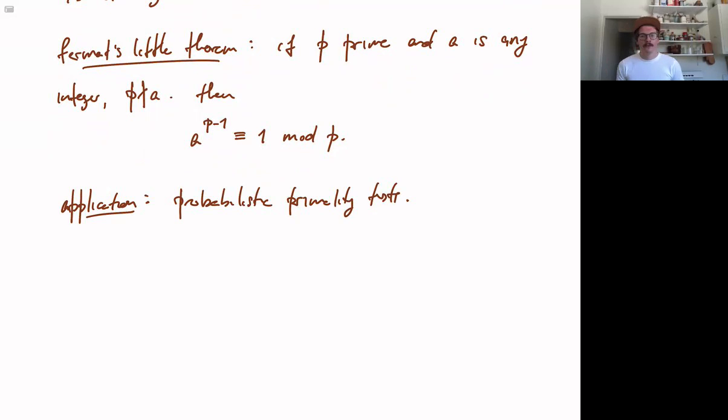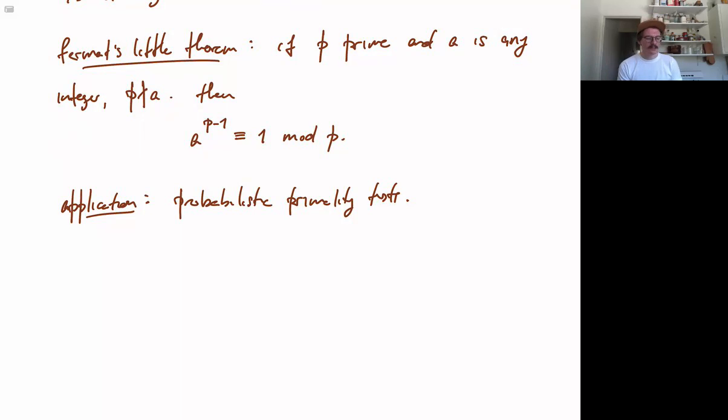So what is a probabilistic primality test? Remember that we talked about some quite basic primality tests, maybe two days ago. One of them is to just divide the number by a lot of things and see if any of them divide it, which is trial division. The other one was the sieve of Eratosthenes, which sieves out a lot of primes using a similar sort of technique.